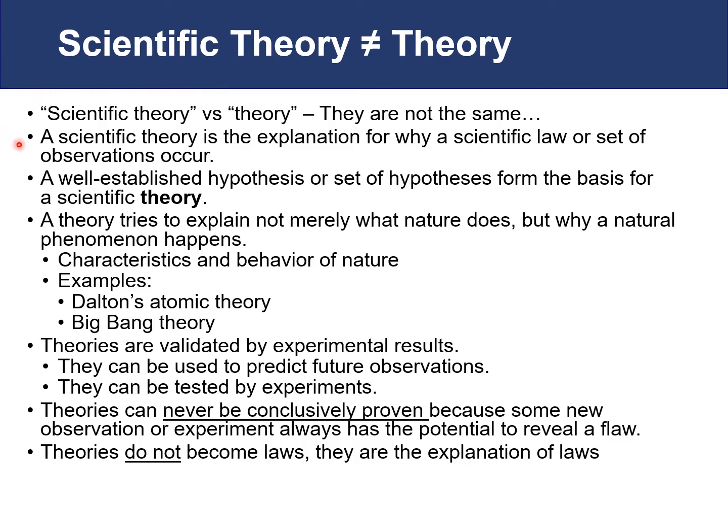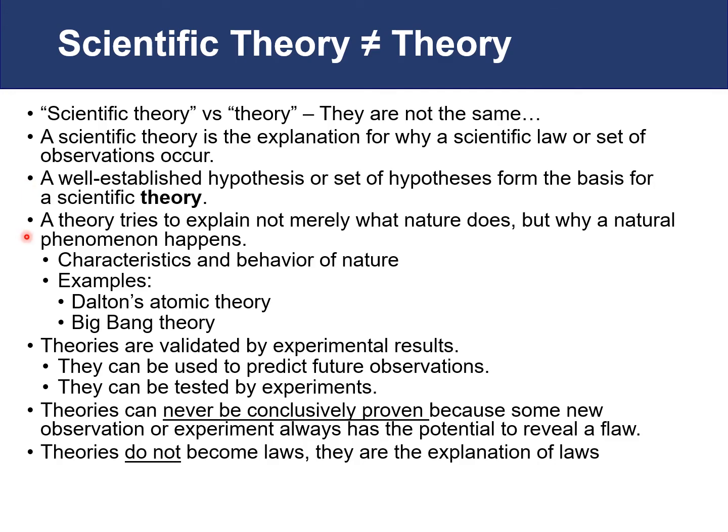So a scientific theory is the explanation for why a scientific law or set of observations occur. The difference between a scientific theory and a hypothesis is that the scientific theory encompasses a larger set of data and is more well-founded. So a well-established hypothesis or set of hypotheses can form the basis for a scientific theory.